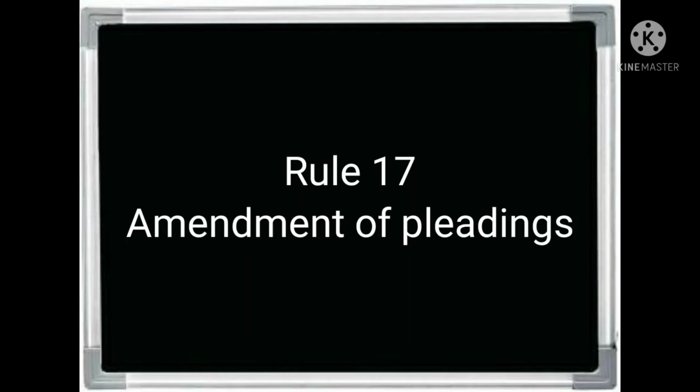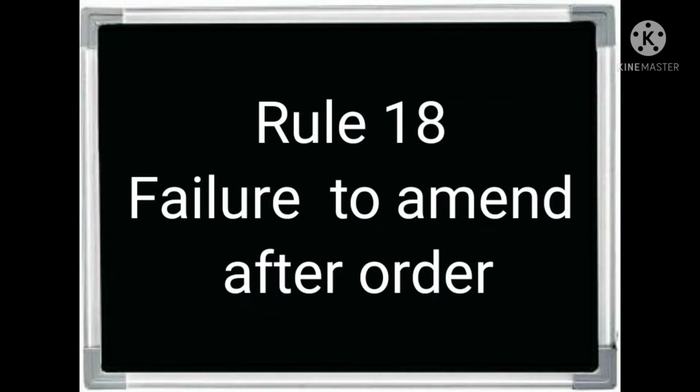So, no application for amendment shall be allowed after the trial has commenced, unless the court comes to the conclusion that, at any rate, the party couldn't have raised the matter before the commencement of trial. So this is all about Rule 17, amendment of pleading.